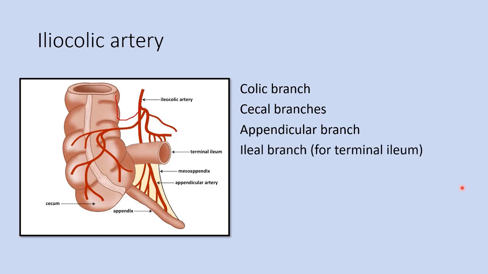And ileal branch. So these are the ileal branches which are supplying the terminal part of the ileum. These are the branches of ileocolic artery. Appendicular artery is sometimes by branch from the posterior branch of cecal artery, which is known as accessory appendicular artery.